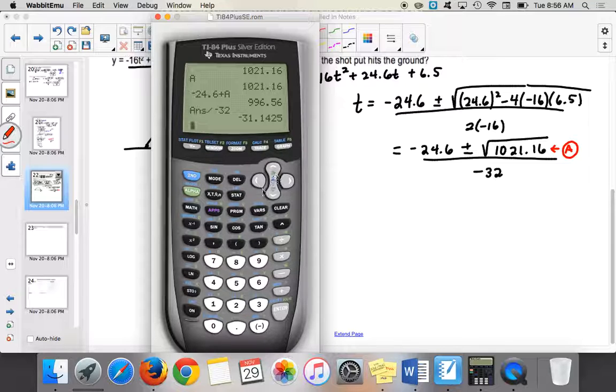Doesn't make any sense. Oh, did I forget my square root? I did forget my square root, but that's okay. It's still not a negative answer. So negative 24.6 plus the square root of A, and then divide by negative 32. It's usually something small, because it's like if she dropped it backwards, how long would it take? And she wasn't very tall, so it shouldn't have taken long.